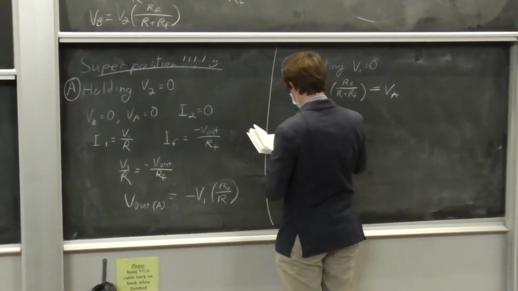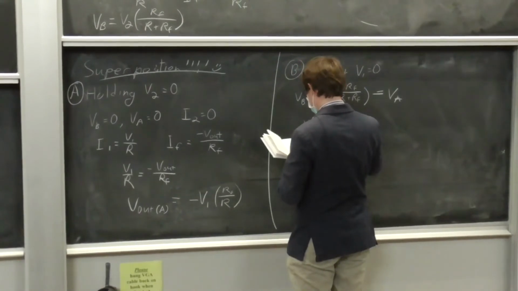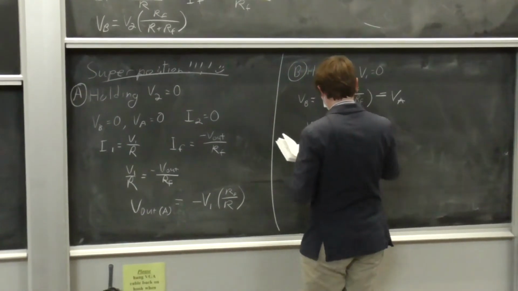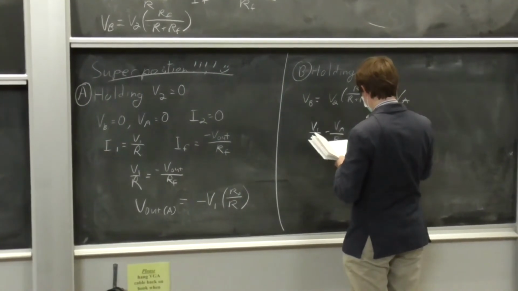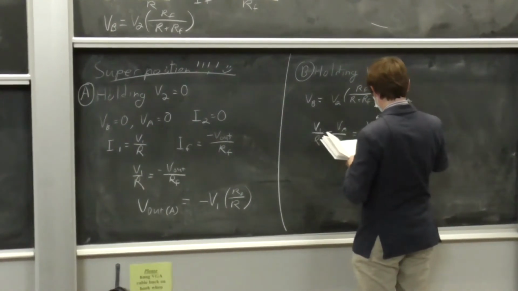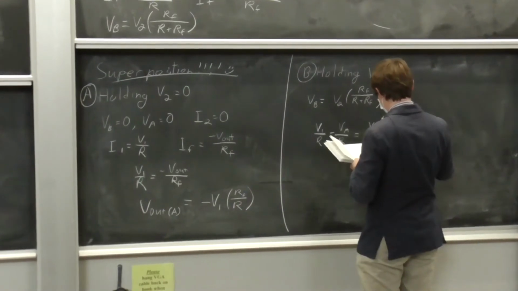V1 over R minus VA over R is equal to VA over RF minus V out over RF.